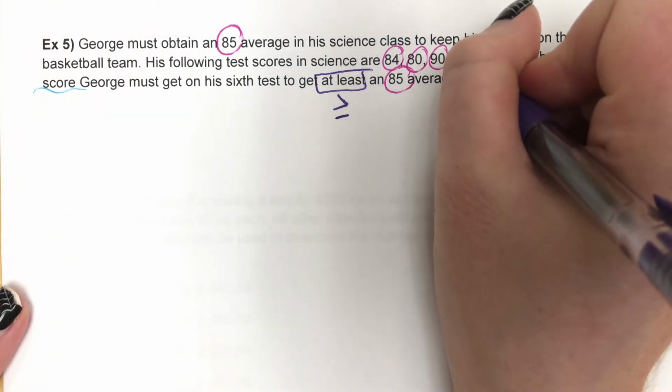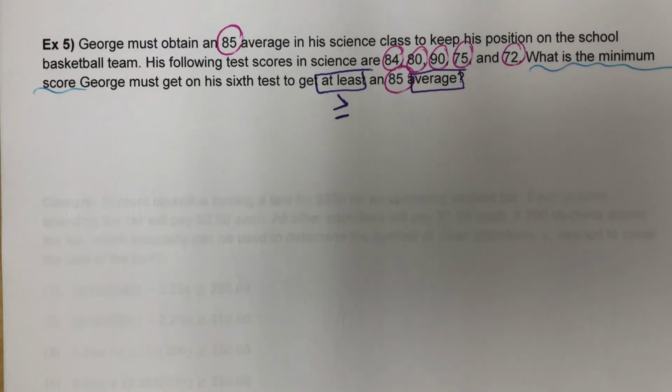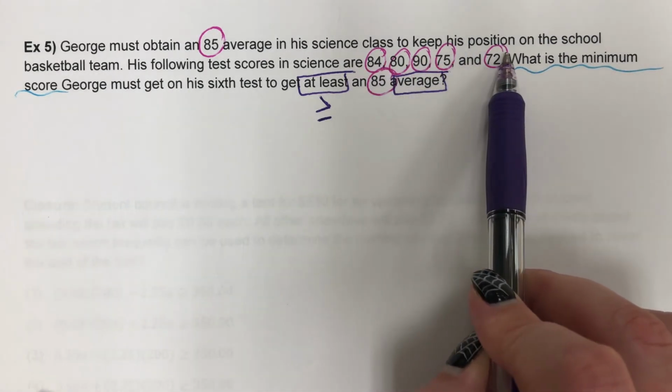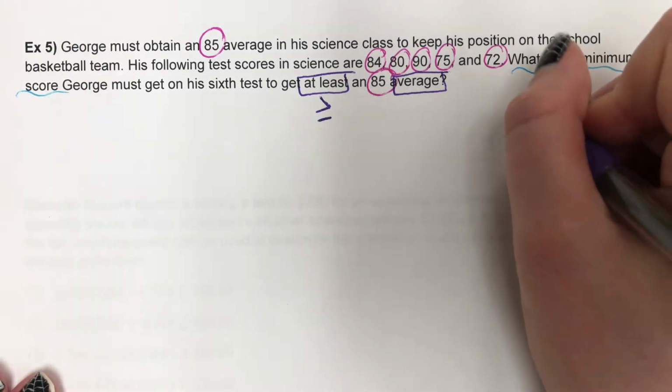I intentionally left this for last because I want to ask you guys something here. When you calculate your average for each quarter in school, how do you do that? Well, you're right. I'm going to take all of my scores, add them up, and divide by the number of scores I have.